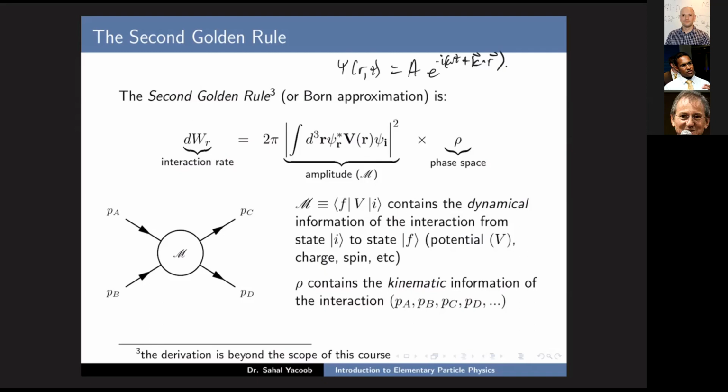The reason these are separated in this way is because the amplitude term tells us if the particular interaction is physically allowed. So if I wrote down an initial state wave function that was just an electron, and a final state wave function that was just a positron, we don't see that in nature.